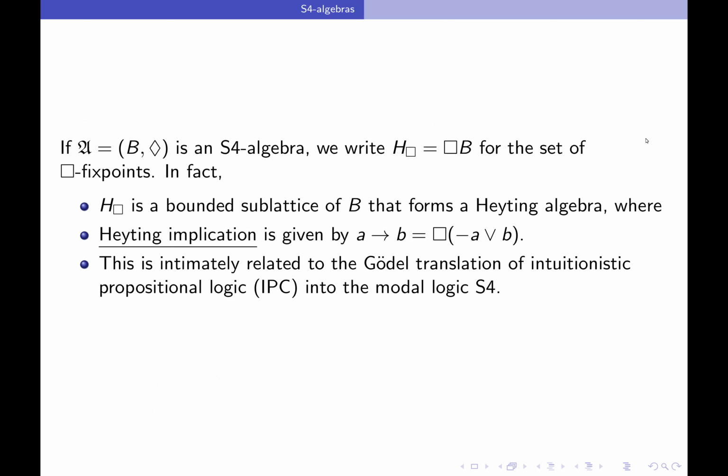You can define the Heyting implication as box of what we think of as the normal material implication in a Boolean algebra, box of not A or B. This is basically related to an algebraic proof of the Gödel translation that translates intuitionistic logic into the modal logic S4. This is the underlying idea of that.